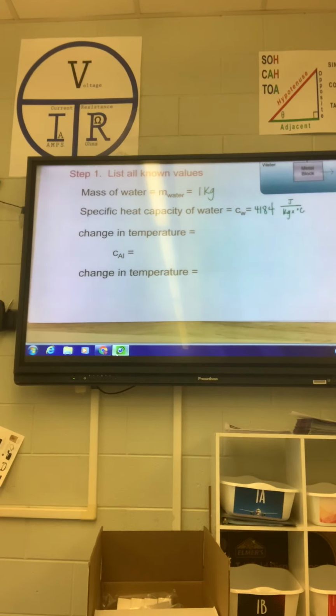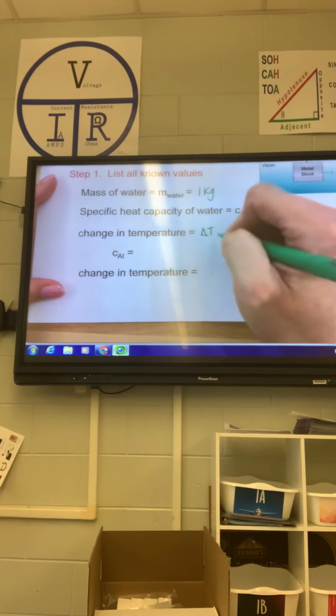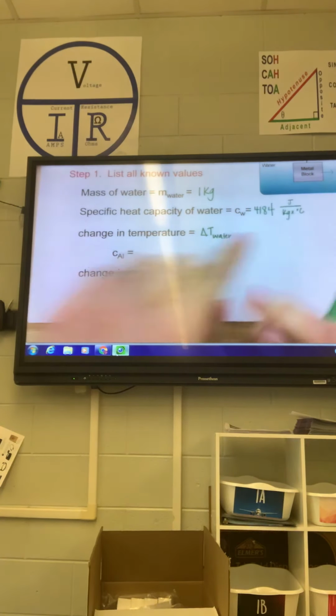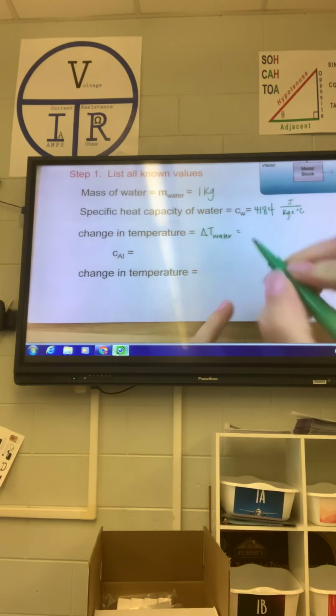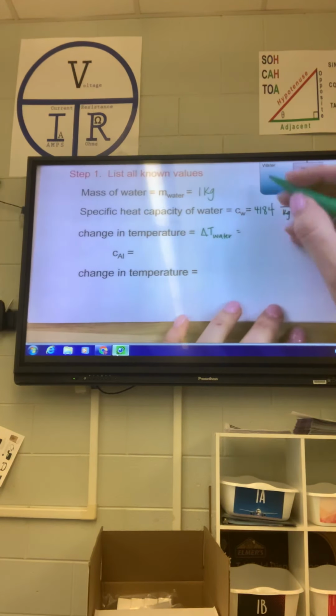What's the change in temperature? Well, first off, let's talk about the change in temperature of the water first, since we talked about water here. What's the starting temperature of the water? 25.